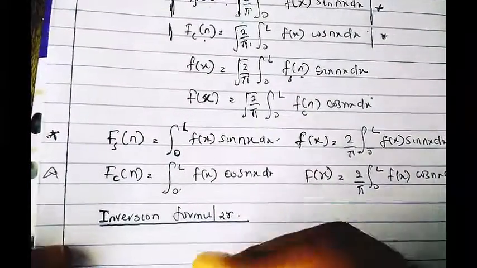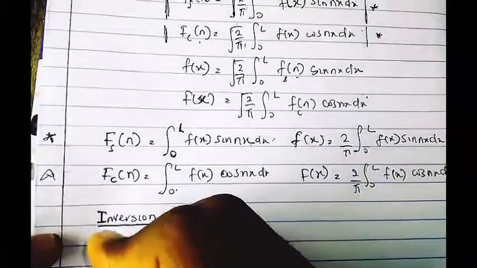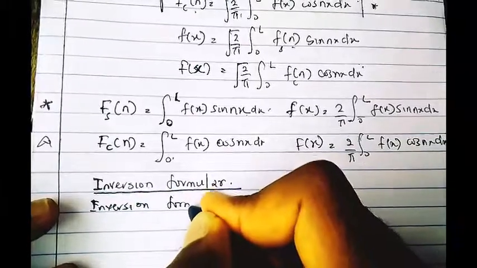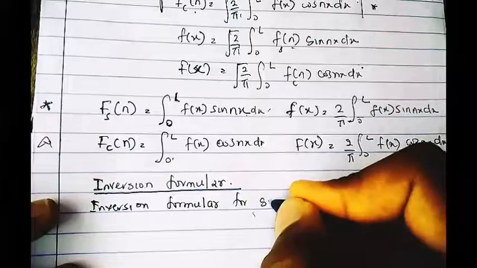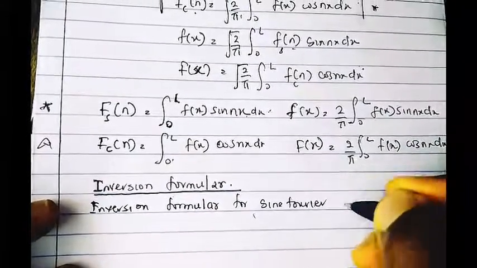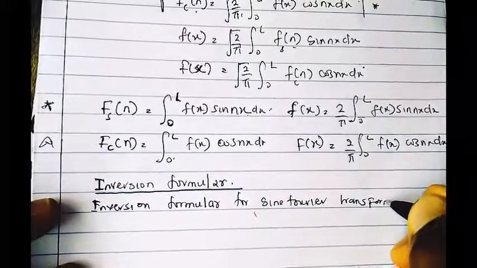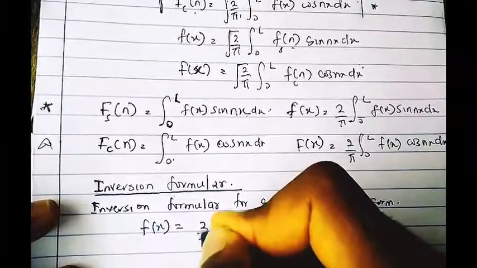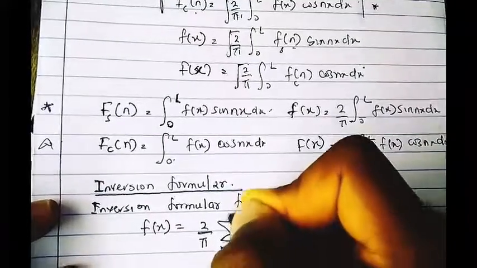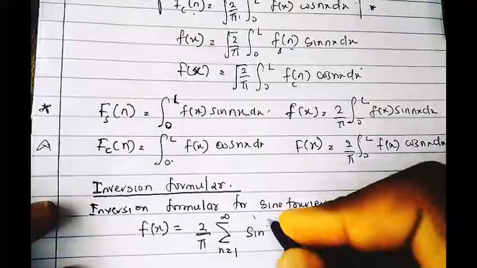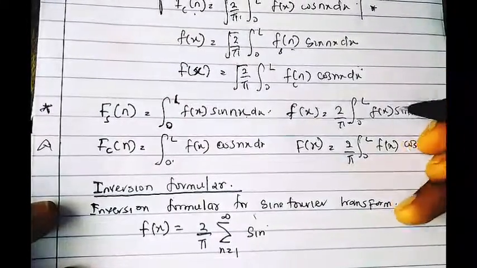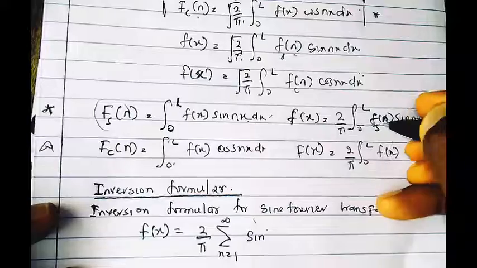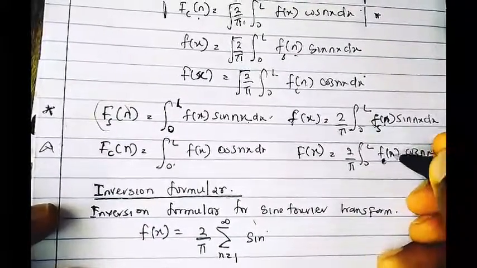So the inversion formula for the sine Fourier transform goes like this: f of x is equal to 2 over pi, summation n equal to 1 to infinity of, this is the Fourier transform of f of x, f of n, not f of x.